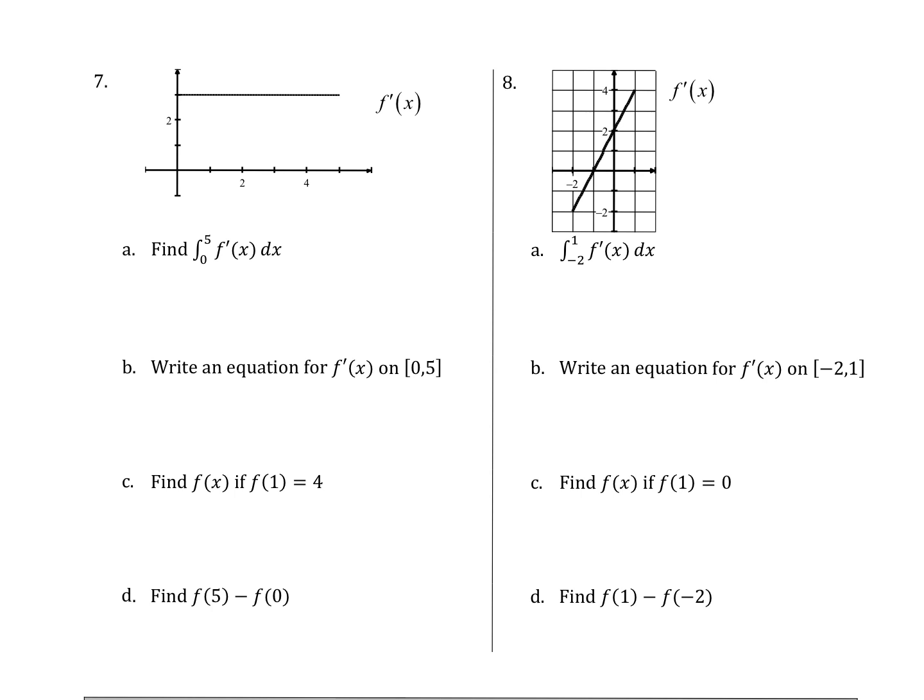Okay, let's look at these. Example 7. First thing we should do is actually understand what this question says. This question says, find the integral from 0 to 5 of f prime of x dx. Okay, what this is actually saying in words, whoa, pencil got fat, hold tight.